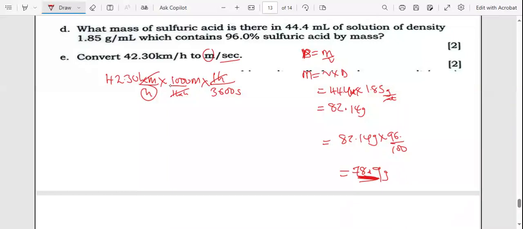Okay, so this and this has gone, you have seen, so it will remain with meters per second. So you multiply, you punch that on your calculator, it will definitely give you 11.7 meters per second. So that's what you are supposed to write.